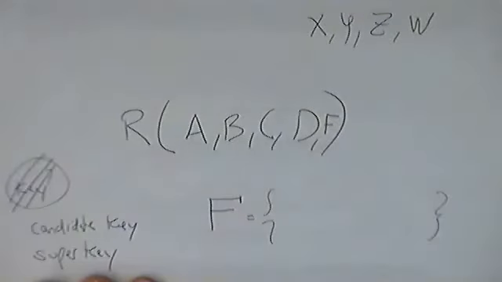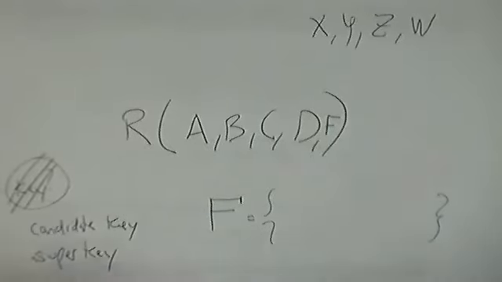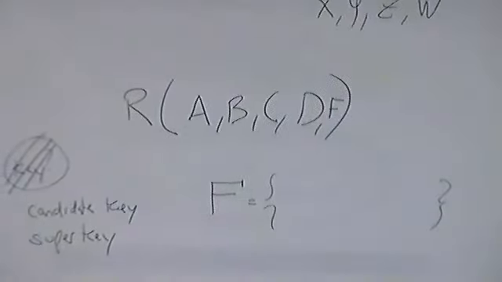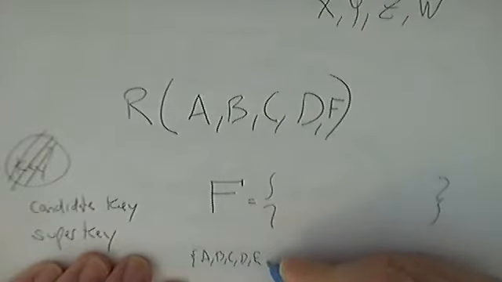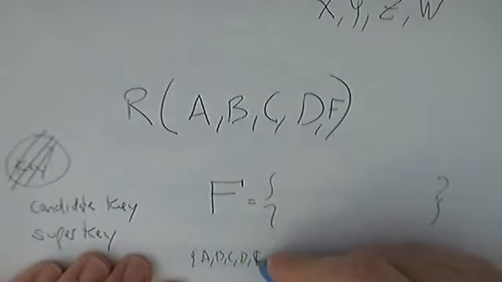Okay, so is there a super key of this relation? That is, is there a set of attributes such that if we pick values for all those attributes, it will determine all the other attributes? Now there's the trivial one. Here's a super key. Sorry, I missed out E there.